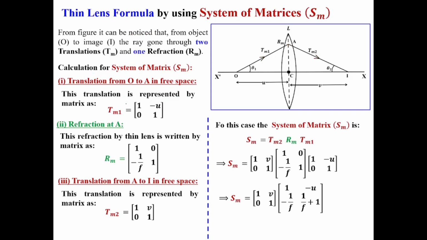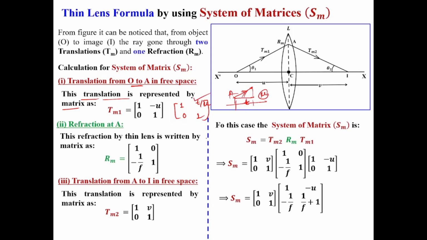The translation from O to A is represented by the matrix Tm1, 1 minus u, 0 1. In general the translation matrix is 1 t by mu, 0 1. Suppose this is the translation from A to B, and this length is t, and the translation happens in a medium mu.